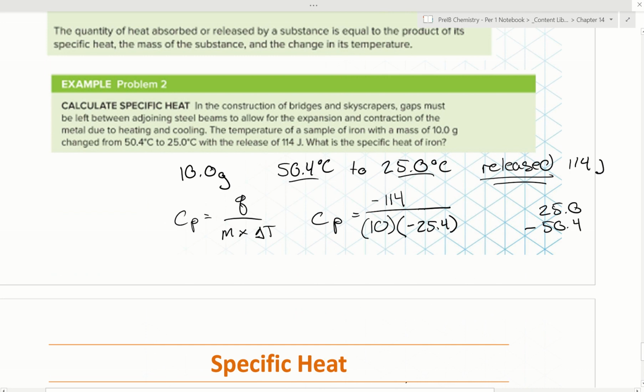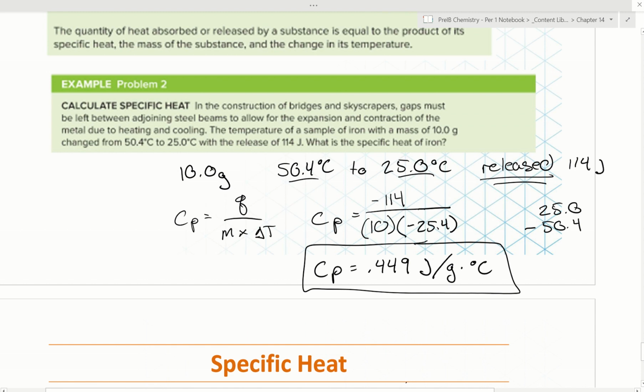All right, so now we solve through. We're going to take negative 114, and we're going to divide it by negative 254. And so we get the specific heat of the metal is 0.449 joules per gram per degree Celsius. Okay, so that's my answer right there.